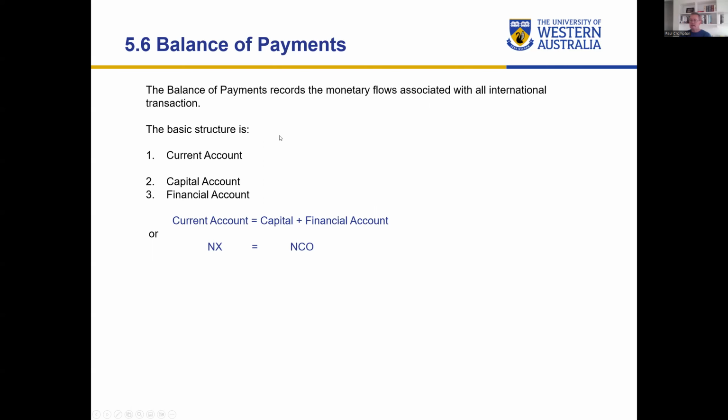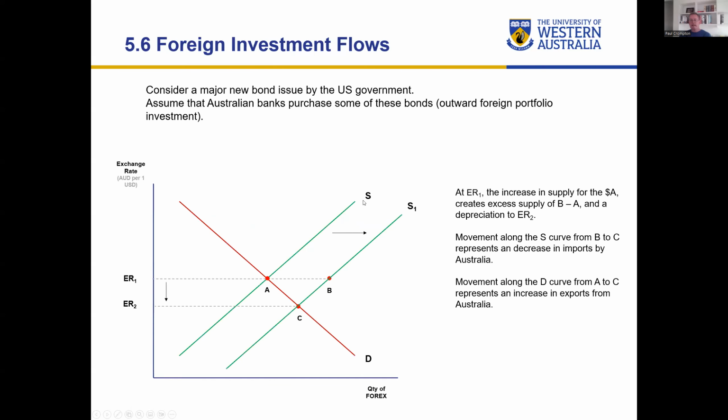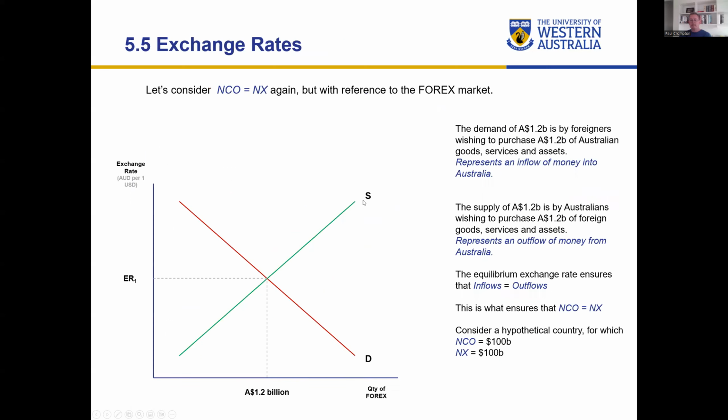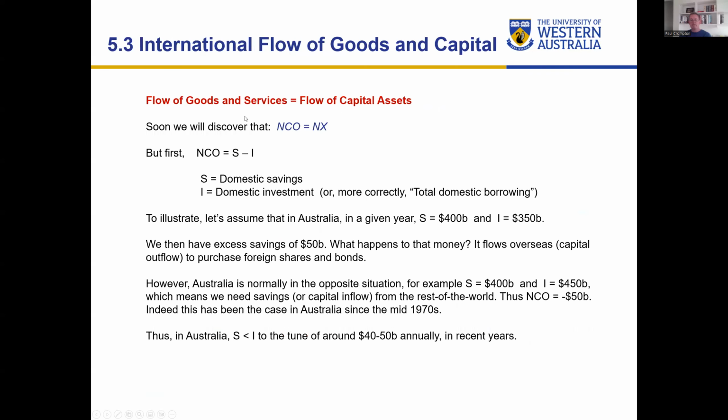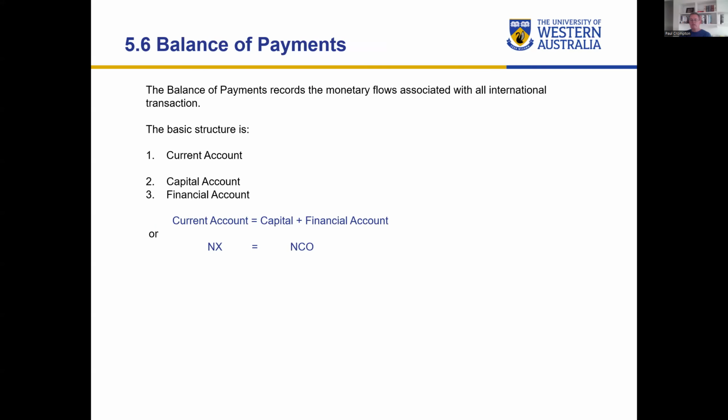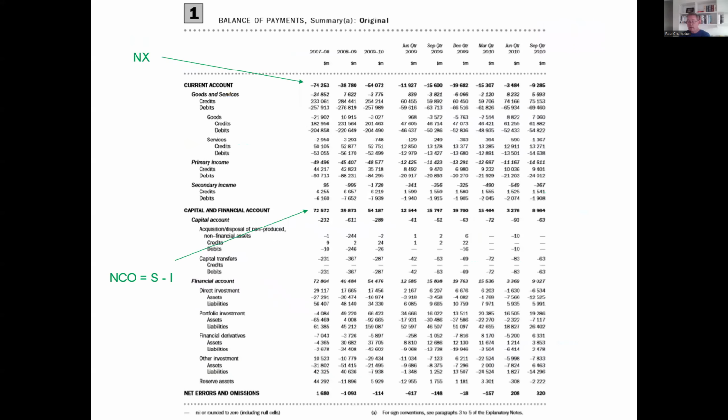been talking about. So we've been talking about, back here, goods and services flowing in and out of Australia. We've been talking about foreign investment flows in and out of Australia. All of those foreign transactions that we've been talking about are recorded in here.